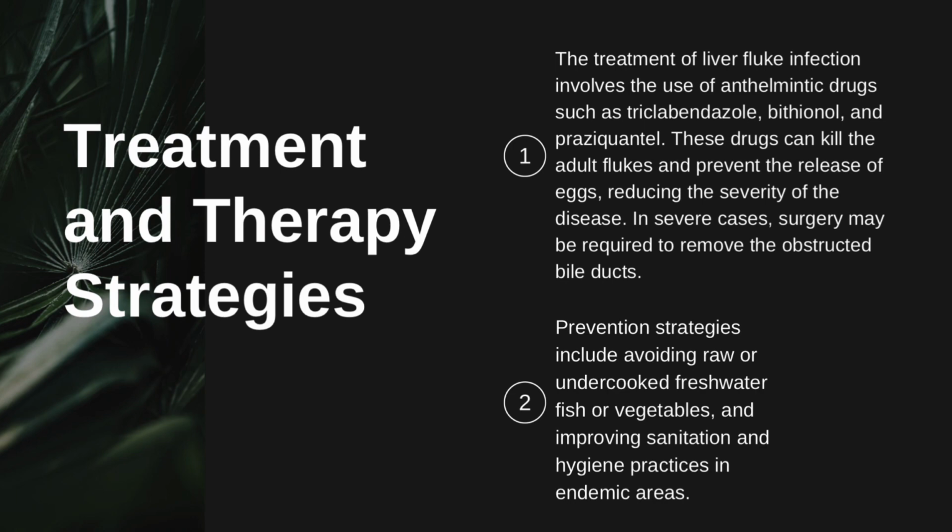These drugs can kill the adult flukes and prevent the release of eggs, reducing the severity of the disease. In severe cases, surgery may be required to remove the obstructed bile ducts.